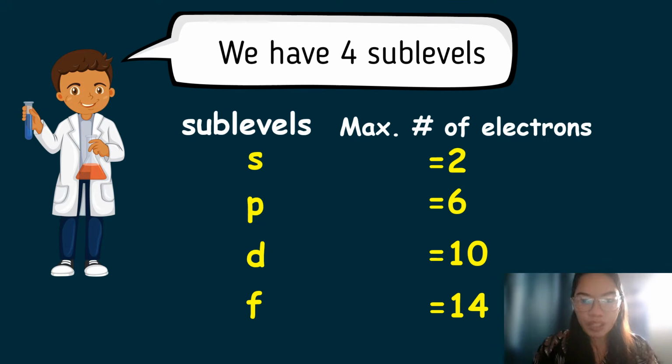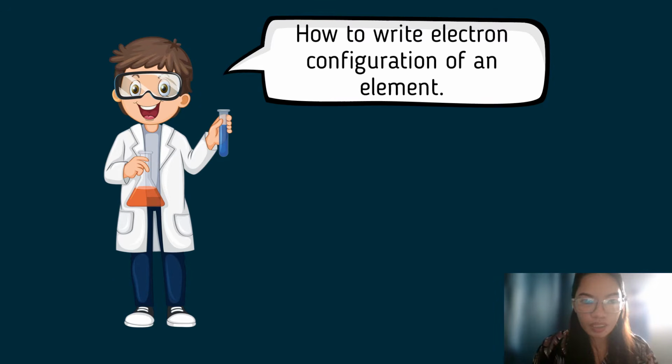Always remember these numbers and sub-levels because we will use them as the guide for our electron configuration. It is important because this is the number of electrons that we are going to distribute later in our electron configuration.